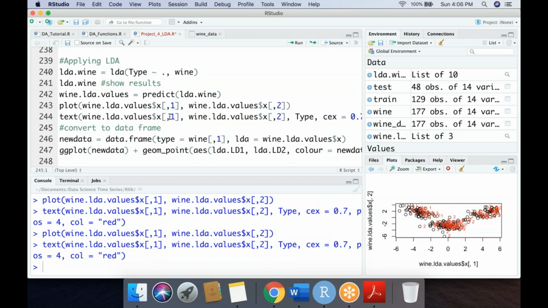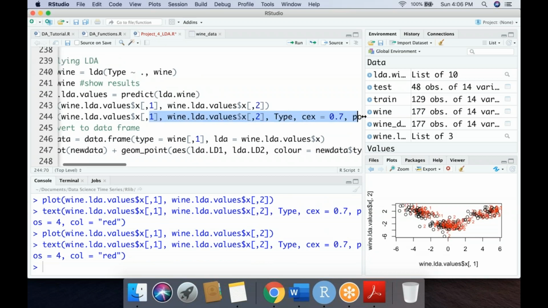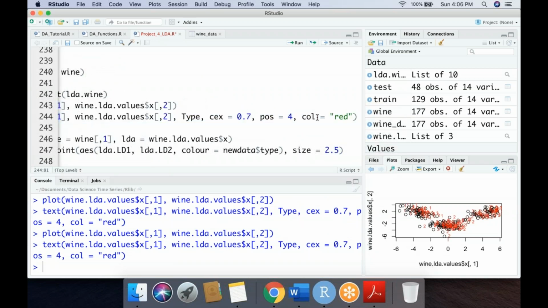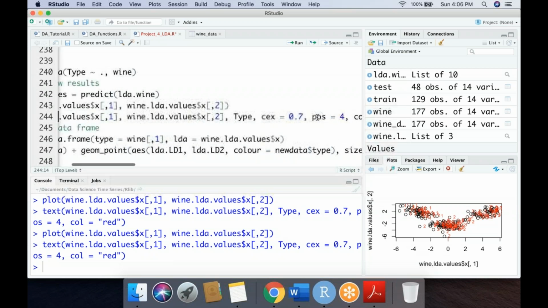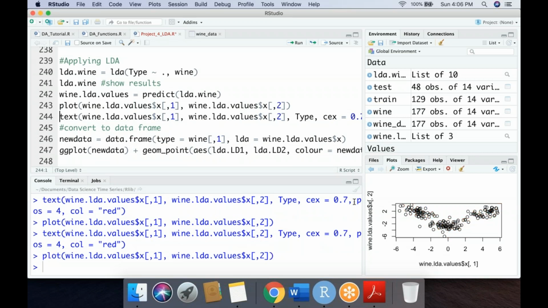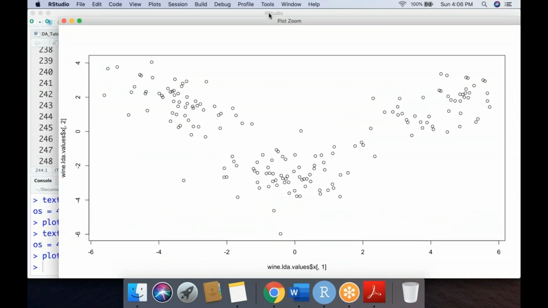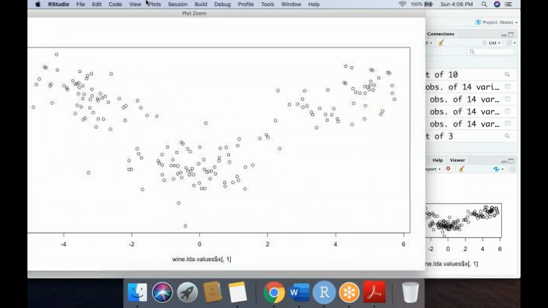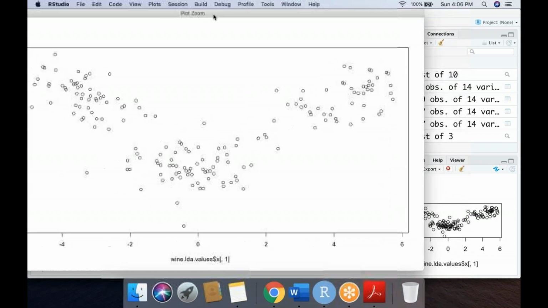Just let me check it. Where are you getting the error? Are you able to get this plot? This is basically just formatting of that plot only.